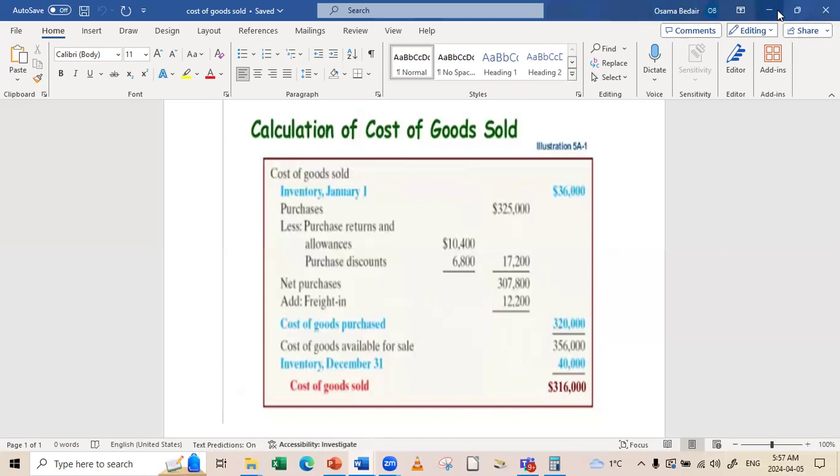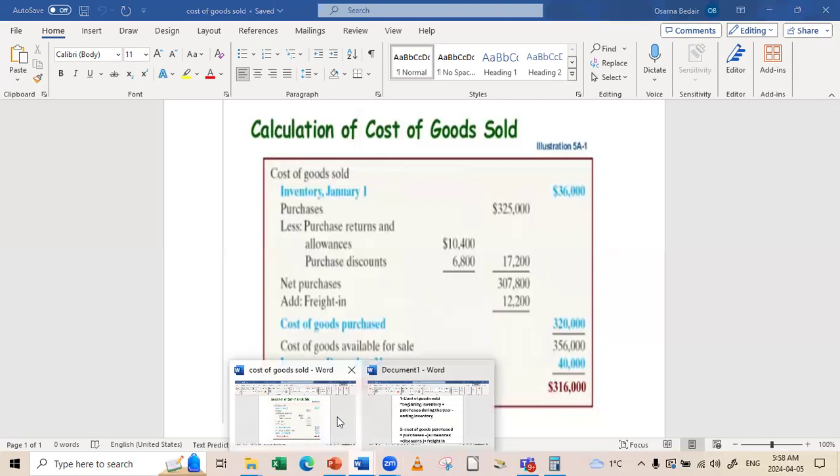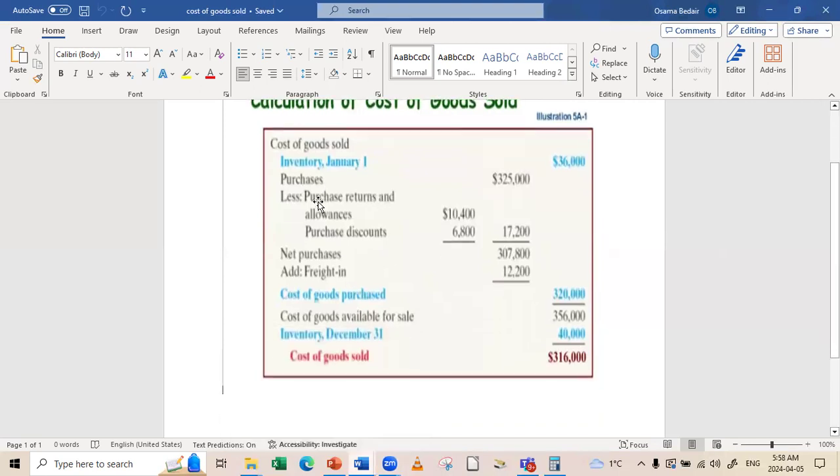The second point, the second equation, is how to calculate the net purchases during the year. Net purchases will equal the purchases minus the allowances.